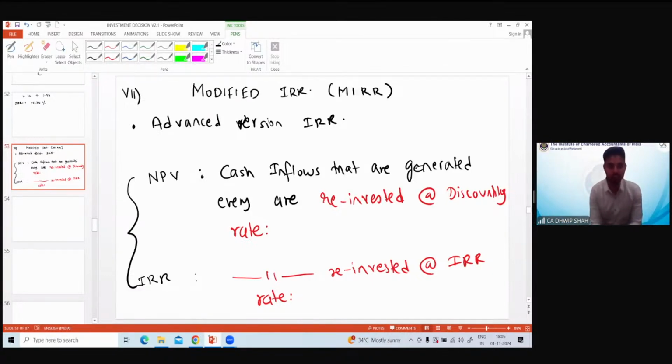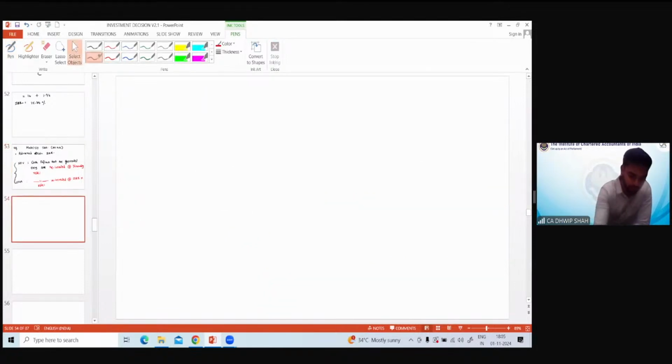Are you getting this? So modified IRR is an advanced version of IRR, and it removes this deficiency. See, the steps involved in modified IRR: first, calculate the cash inflows.